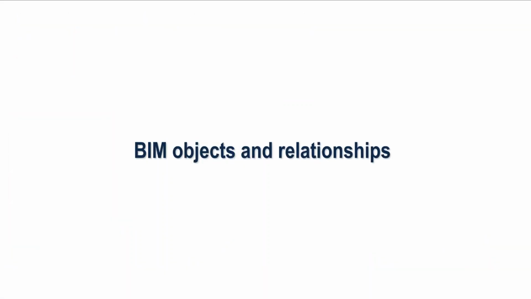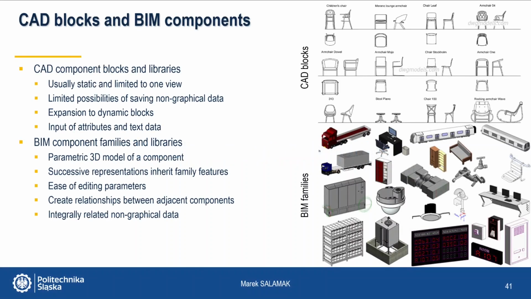And now a few words about the types of objects in the BIM model and the relationship between them. From CAD techniques, you probably remember more complex objects which were blocks. They were used to draw components repeating in the drawing. They were taken from previously created block libraries.